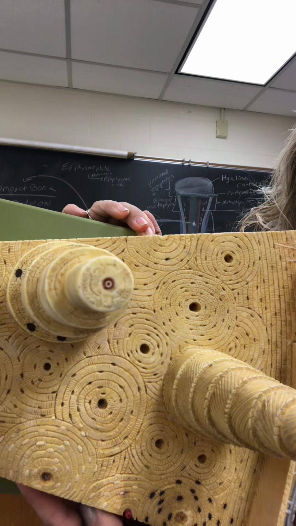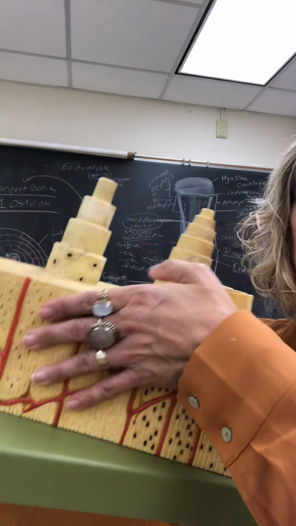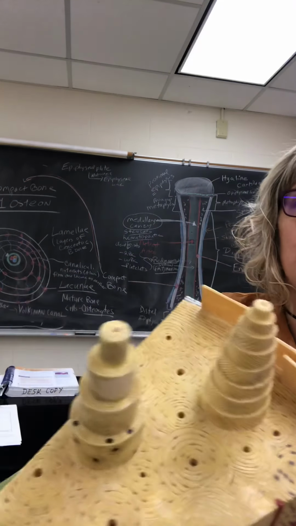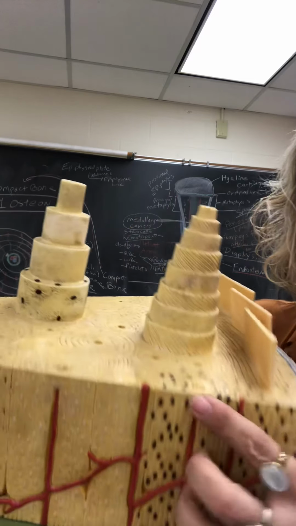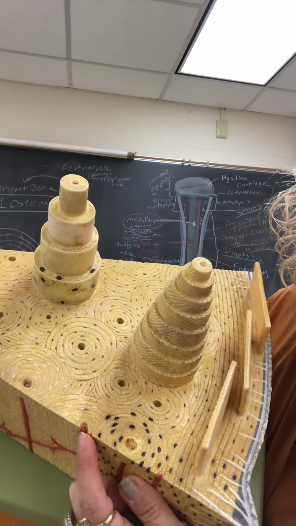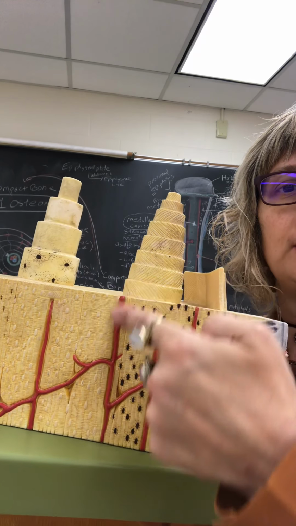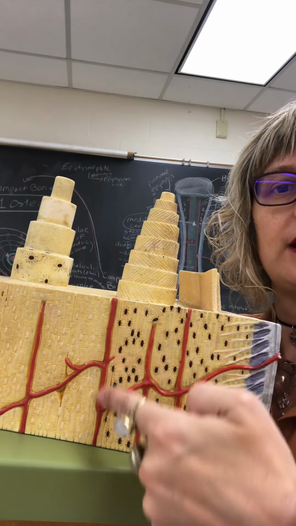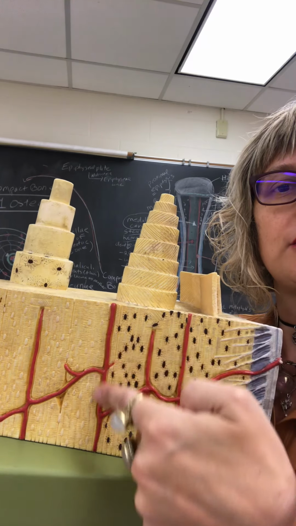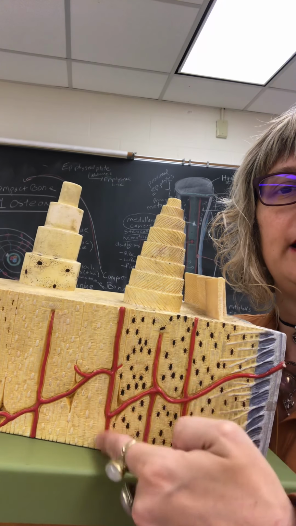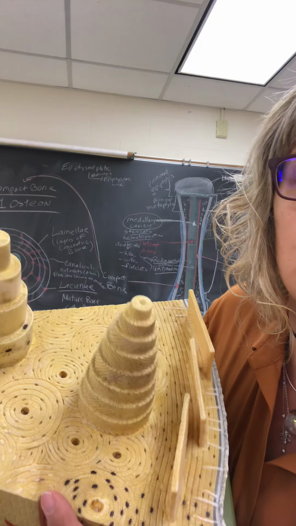It has the neurovasculature in there. And if we look at the side view here of this wedge-shaped bone, you can see that the central canal runs straight down across, and this is the central canal's blood supply here for this particular osteon.